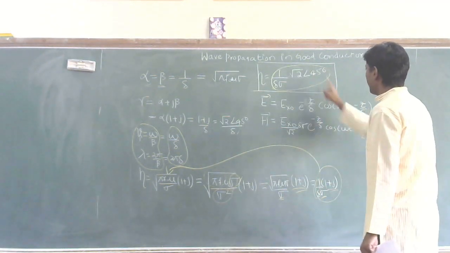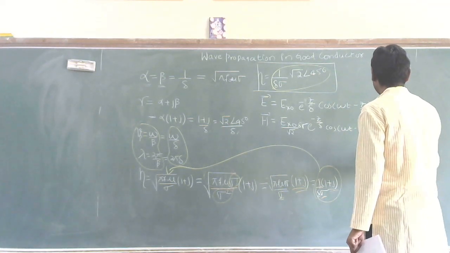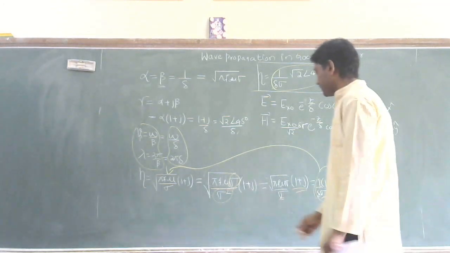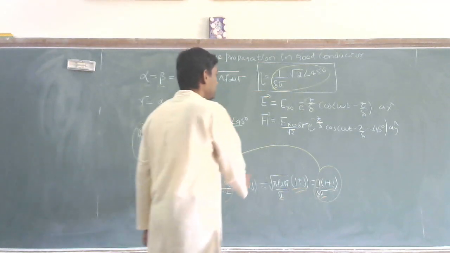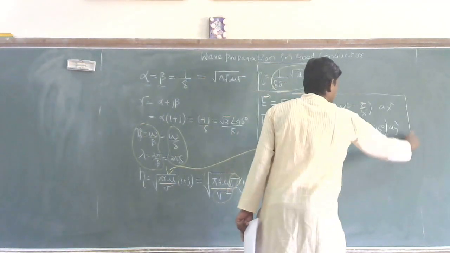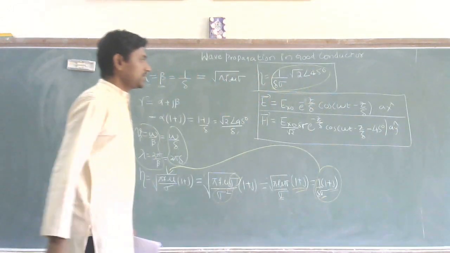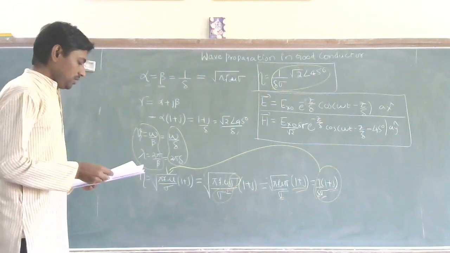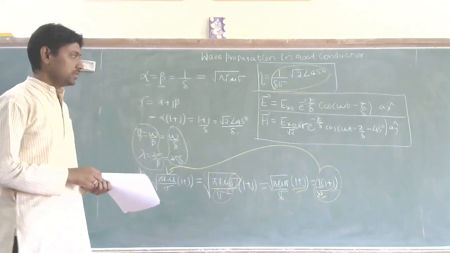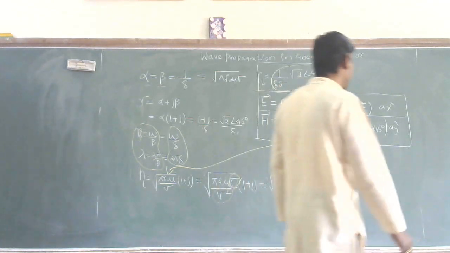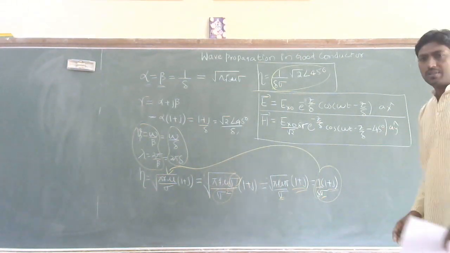One more thing that comes is an angle of 45 degrees, and this is along y hat. So this is the expression for an electric field and magnetic field in terms of the skin depth. This is the whole story of wave propagation in the good conductor.